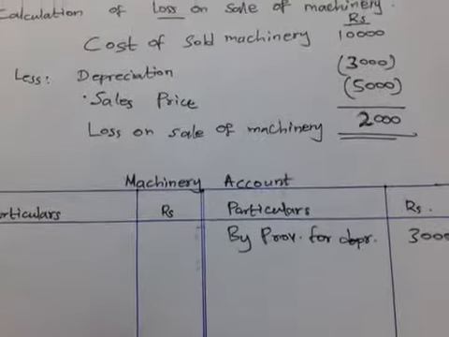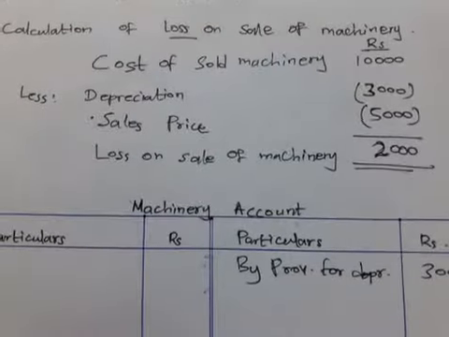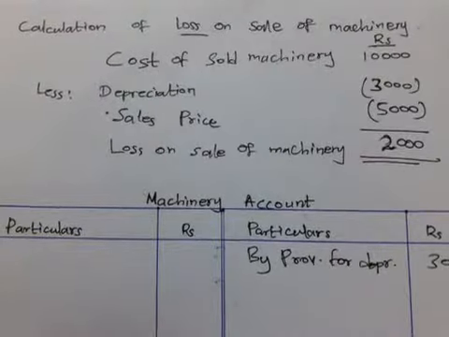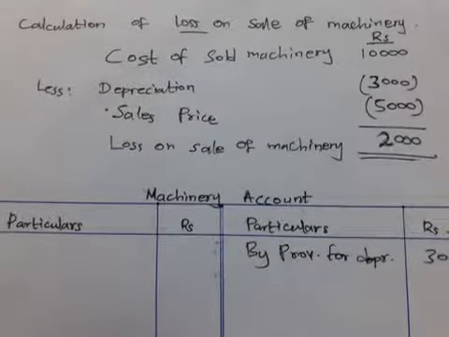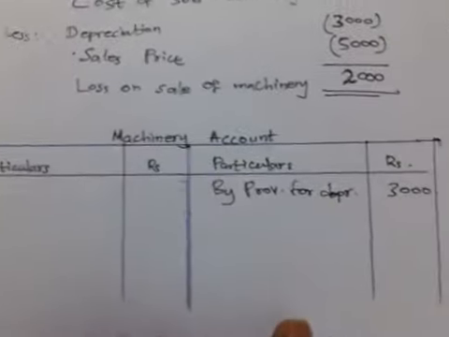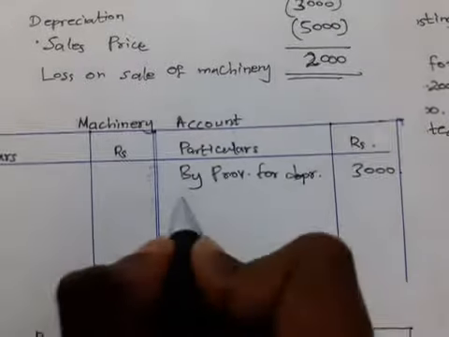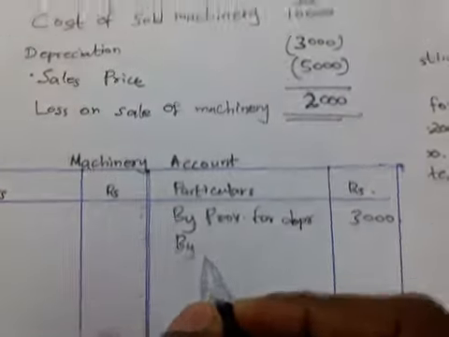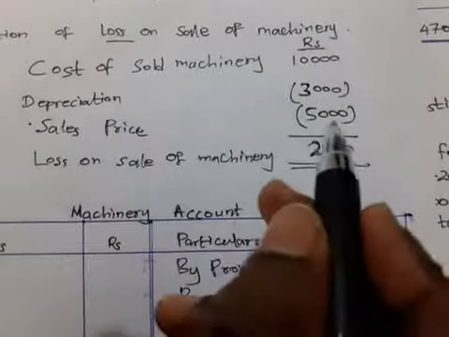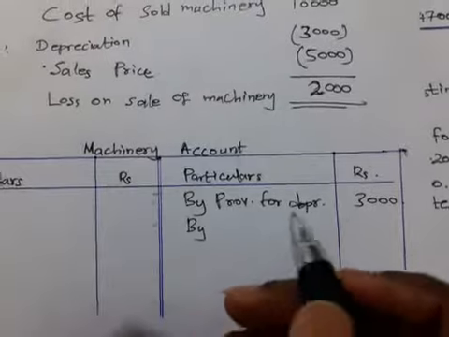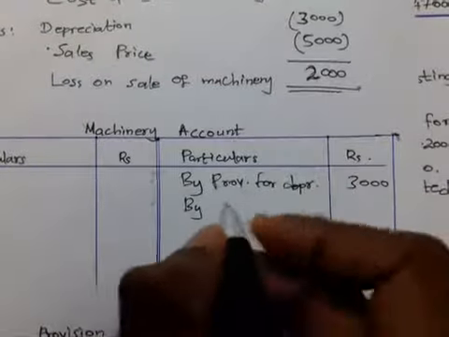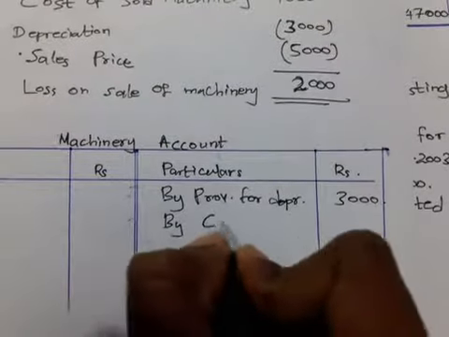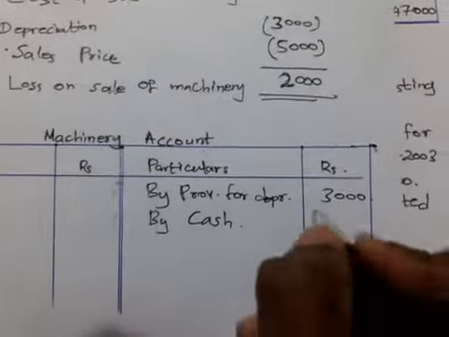At the same time, we have to deduct the amount of machinery 10,000 because the 10,000 machinery has been sold. But it has been sold for the sales price of 5,000, so we receive only 5,000 cash. We'll record the 5,000 by cash 5,000.